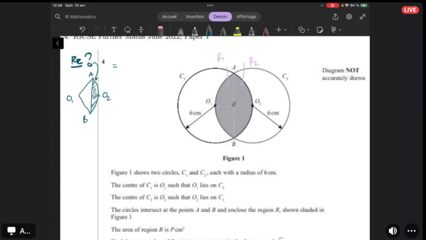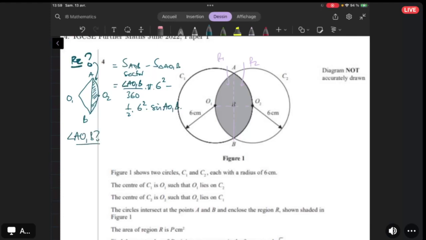Correct. That's gonna be area of a sector minus the area of a triangle. That means we will get, sorry, AO1B over 360 times pi r squared, which is 6 squared, minus a half times 6 squared times sine of AO1B. What is AO1B?